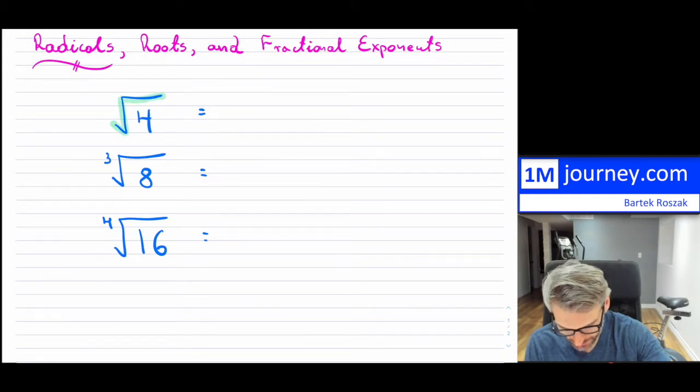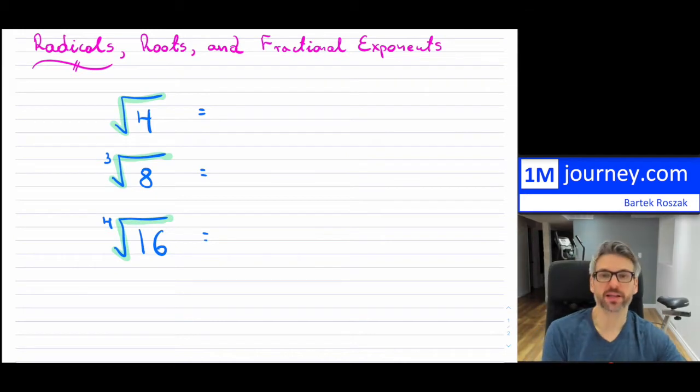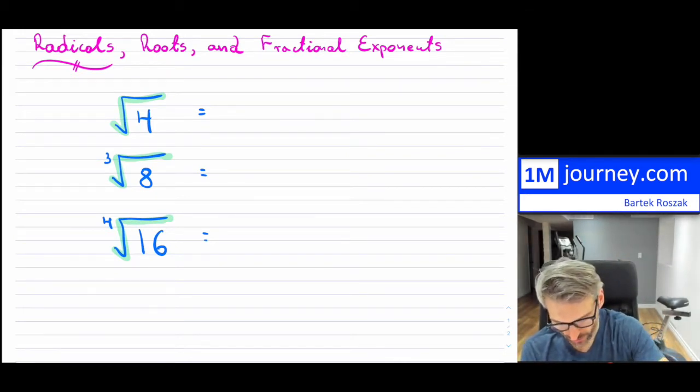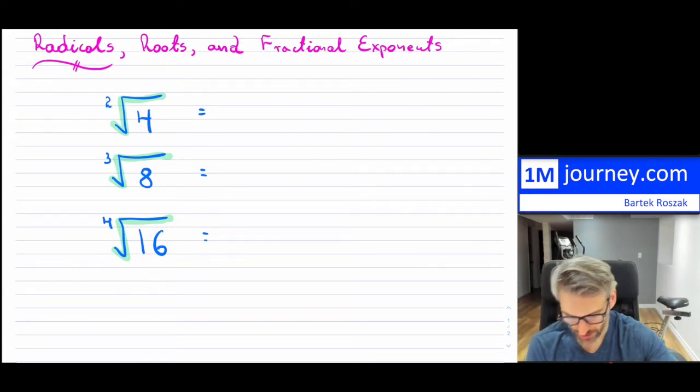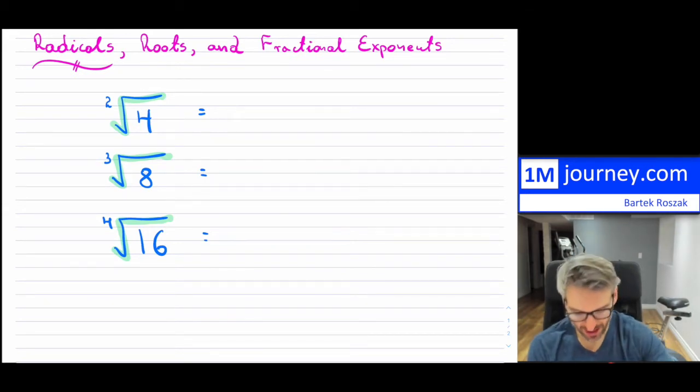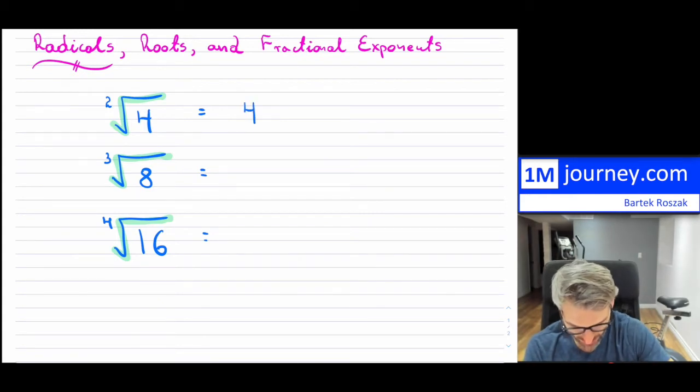So it turns out that this wonderful radical symbol that we use quite often can be written as a fraction. Now, for the square root, let's not forget there's a 2 outside here, which we don't typically write. But what this is saying is that this radical symbol can be represented as a fraction in the following way.